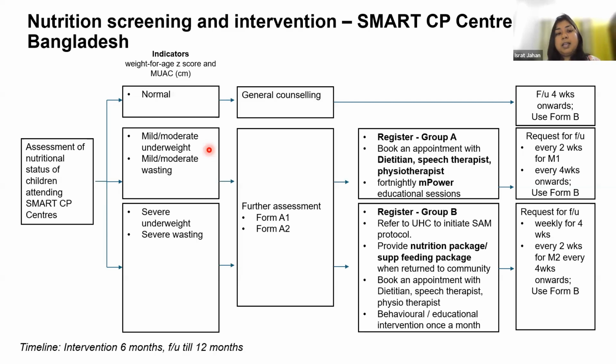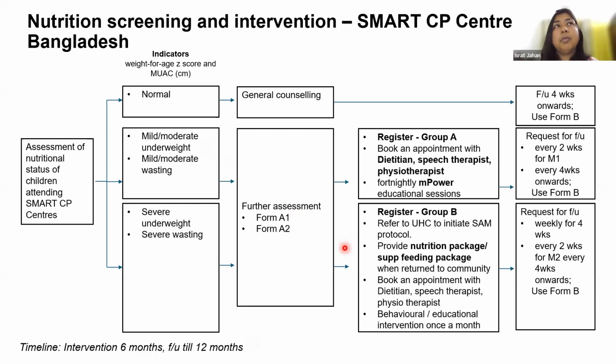We tried to screen children using anthropometric measurements, identify children at risk of developing malnutrition, and group them depending on their needs. Then a dietitian, speech therapists, physiotherapists, and a medical doctor collectively managed each individual case and planned a customized intervention.